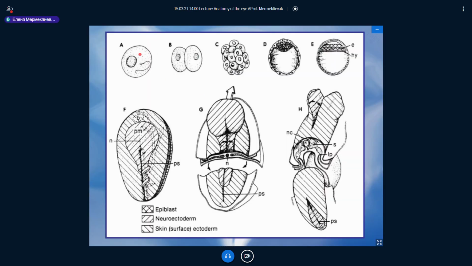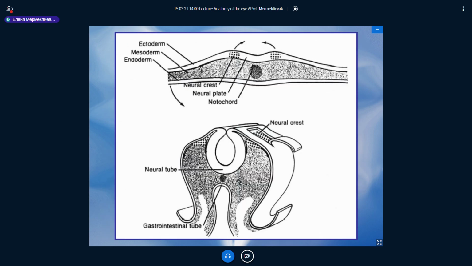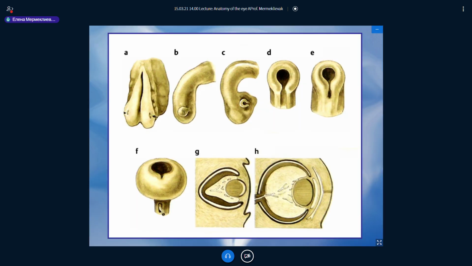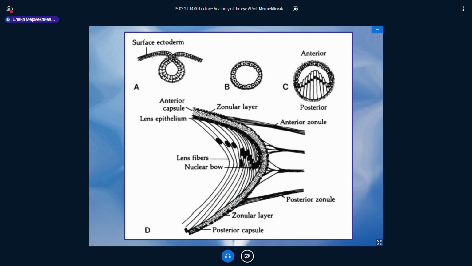And this is the formation of the eye system from one cell to the end. I think that this is enough. If you have any questions, I'll be happy to answer.